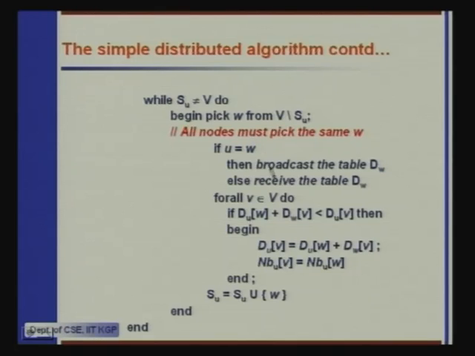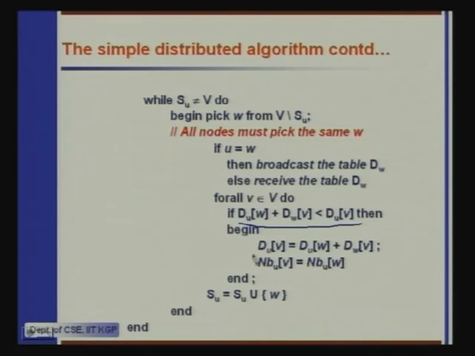Okay. So, that's what the distributed version does: all nodes must pick the same w and they synchronize here, then dw is broadcast to all the other nodes, and then once the node u has the value of dw, it can use this Floyd Warshall check to update the value of duv. Okay.